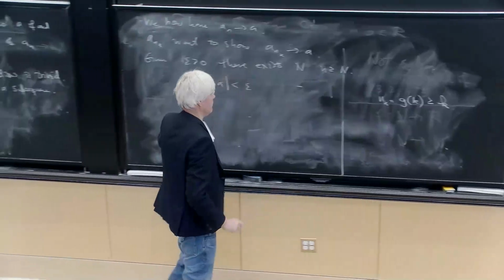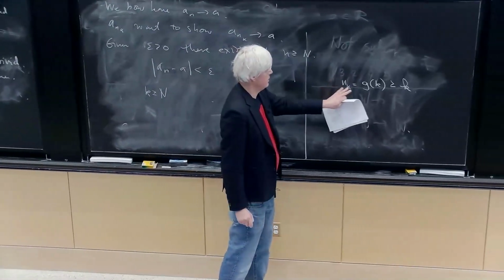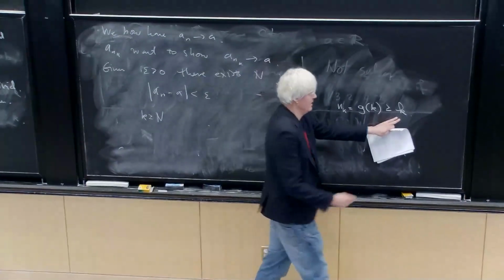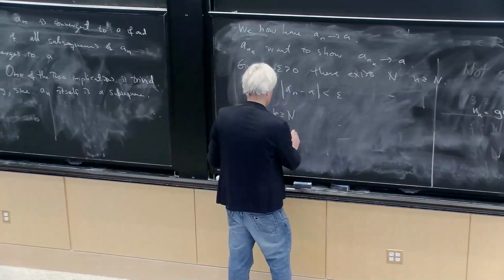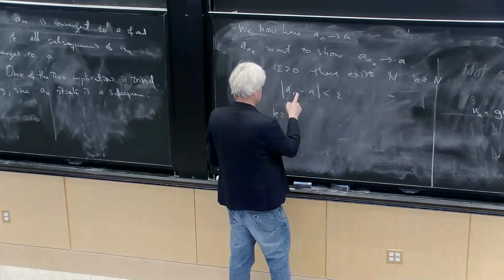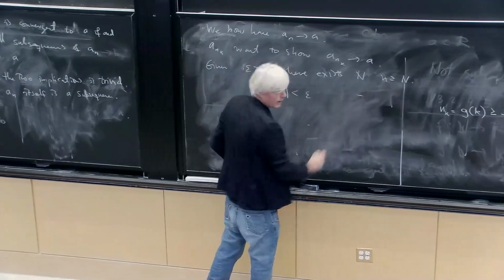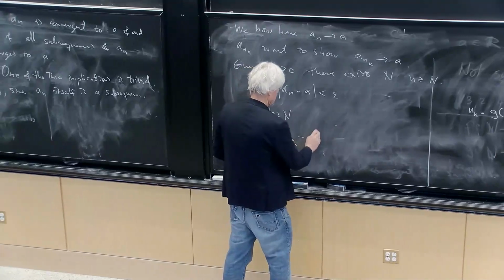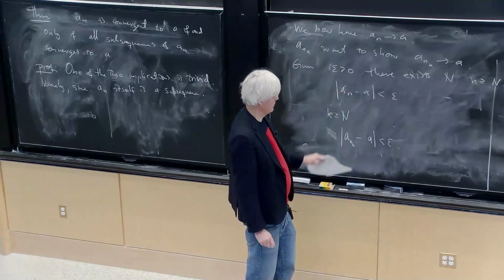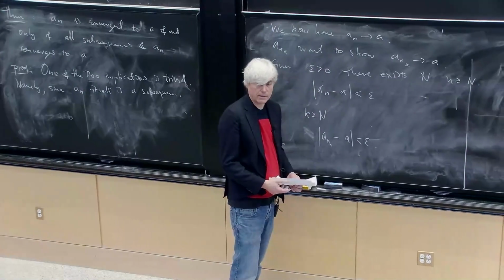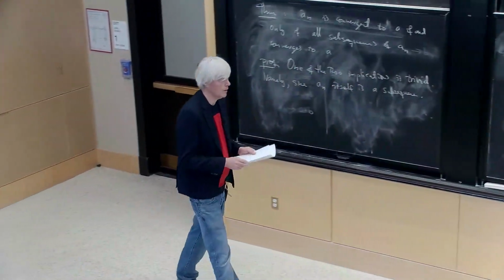So this index is further out than, in particular, the capital N. And so a_{n_k} is some element further out than capital N, so it will surely also be less than epsilon, because it falls in under here. Okay, so that implication wasn't too much harder.